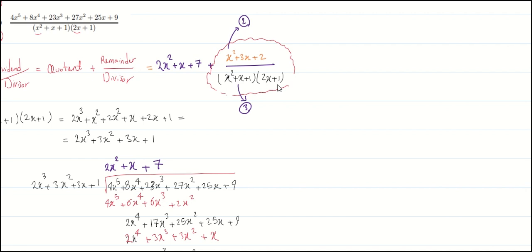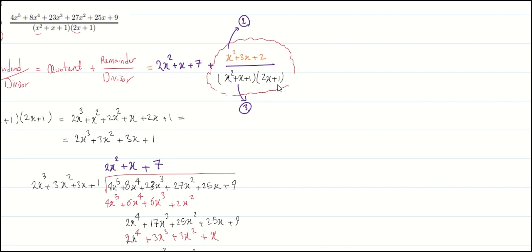So the degree of the polynomial on the bottom is 3 and the top is 2. In order to decompose this into partial fractions, we have to use the previous method that we used on the previous questions.